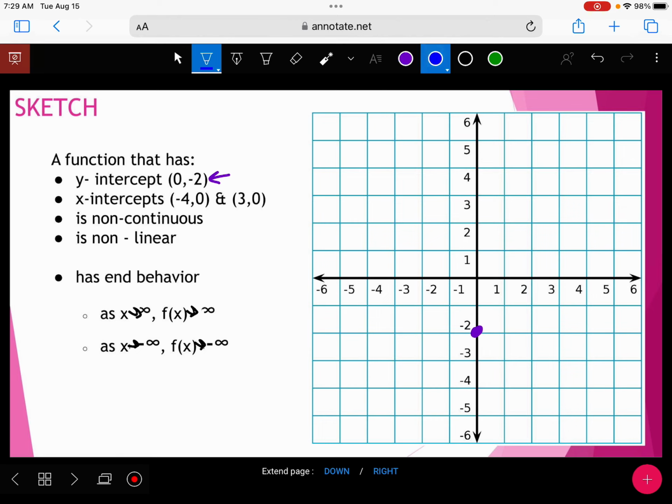Then this time we have 2 x-intercepts. So let's get those on there. At (-4, 0) and (3, 0).